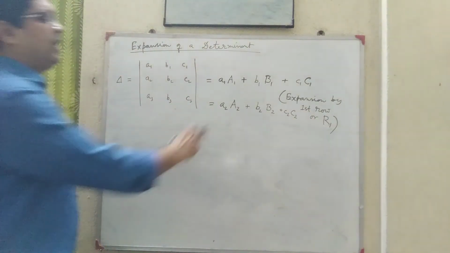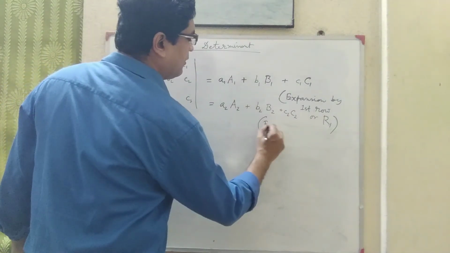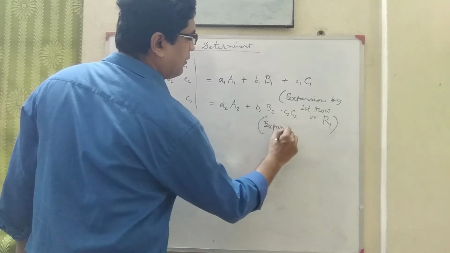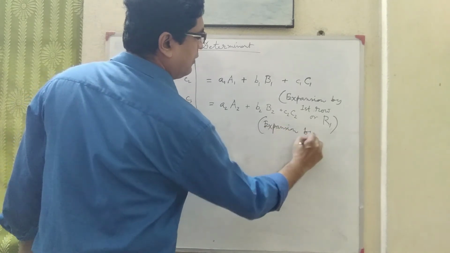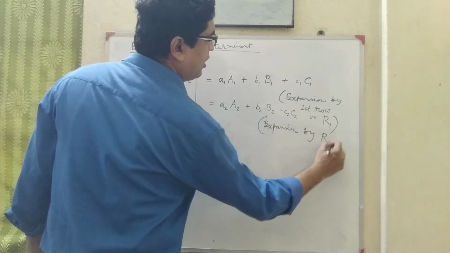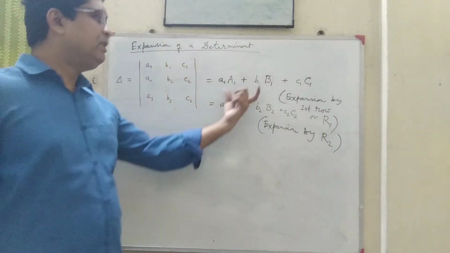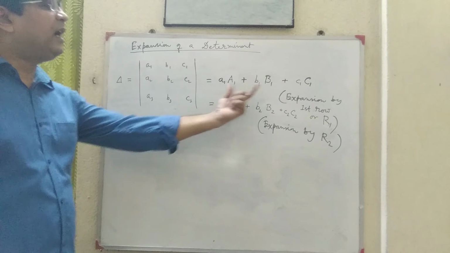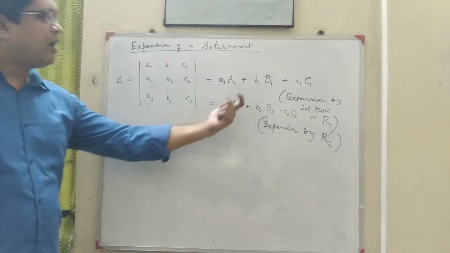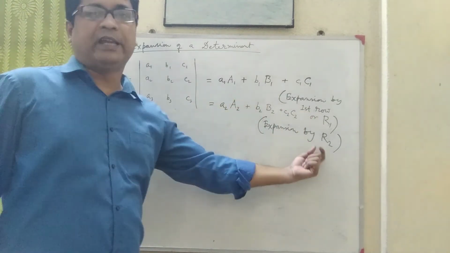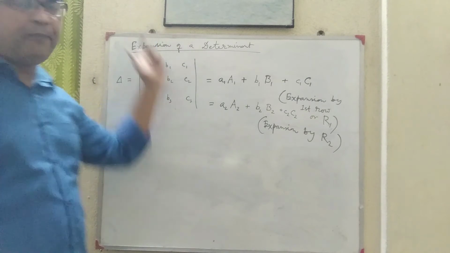So this is expansion by second row, or R2. Now the question is whether we will get the same value if we expand by the first row or by the second row. Actually we will get the same value every time.